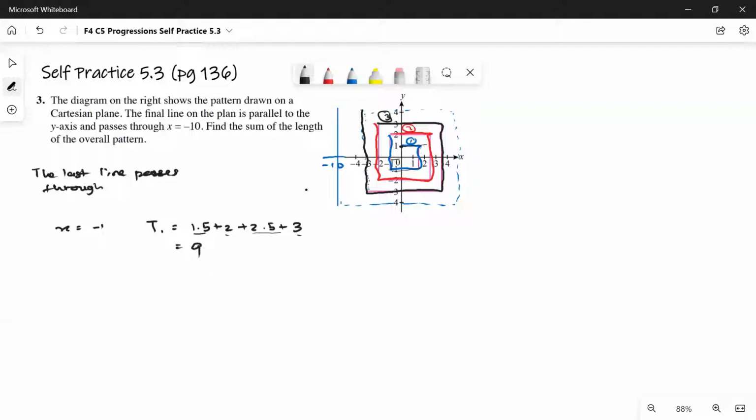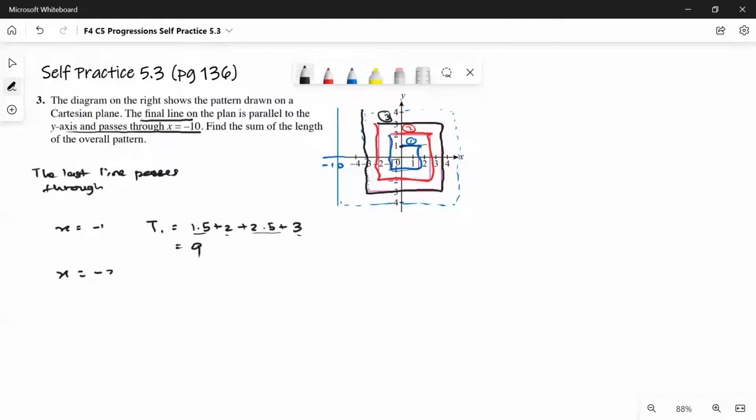And then our second term, which is the second cycle, the red one. It starts from here, and then it ends at x equals -2. Why do I choose where the line ends? Because the question says the final line passes through x equals -10.